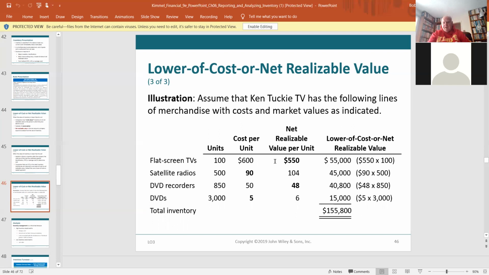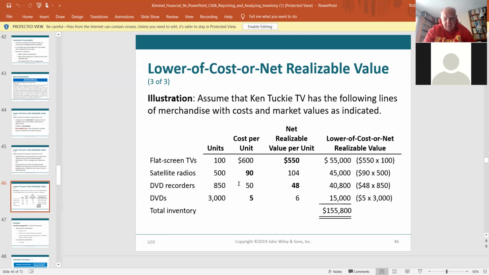What's happening is our salesmen are coming back to management, saying we're stuck with these $600 TVs. No one's going to buy those old-fashioned flat screen TVs for 600. So we have to select the lower of cost or market, which is lower. What's lower is the net realizable value. So 100 times 550 gives you 55,000 for that item.